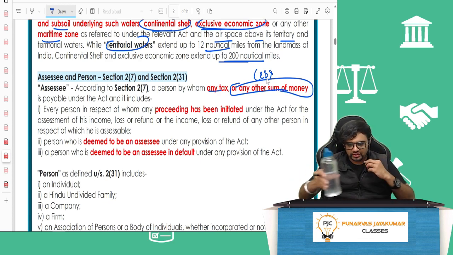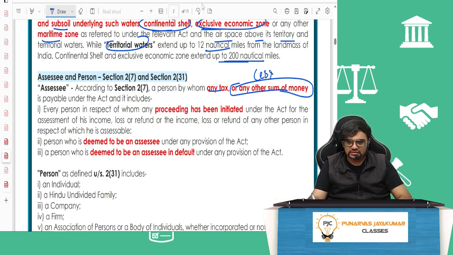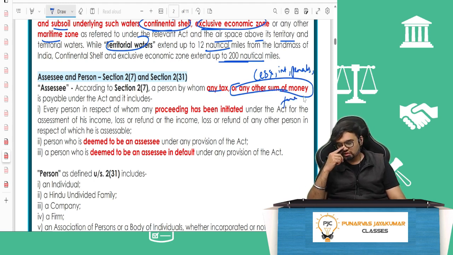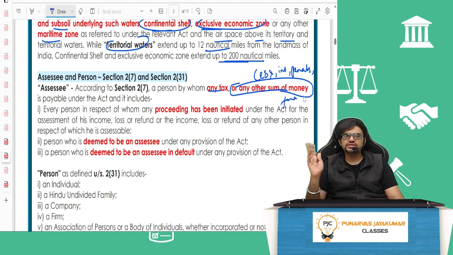Then we have our interest, penalty, all these things. Of course, it is not tax, it is any other sum of money. But later, they have also told that cess, interest, penalty and all is part of tax only. We'll see that. But anyway, this is the meaning of any other sum of money.